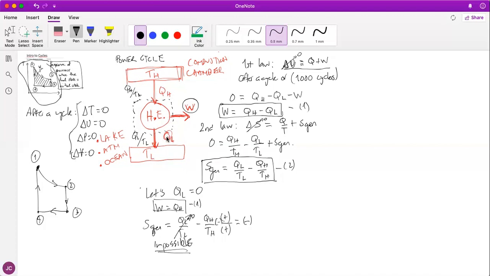So there's something in physics, or in nature, or whatever you want to call it, that means you cannot use all the heat that is going in into work. There's something weird here, because you could do the opposite. You can actually convert all the work into heat.